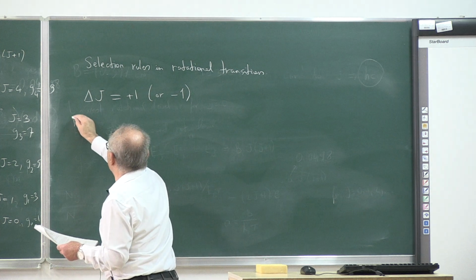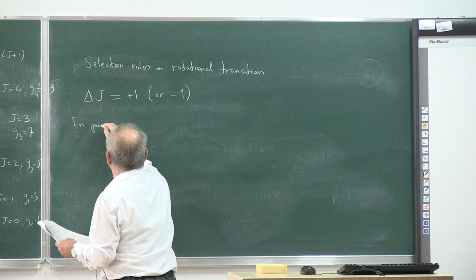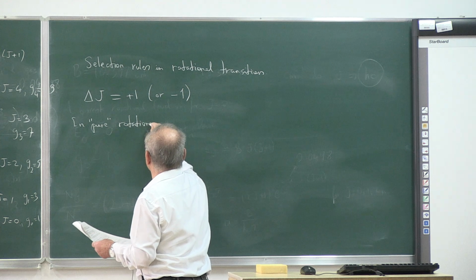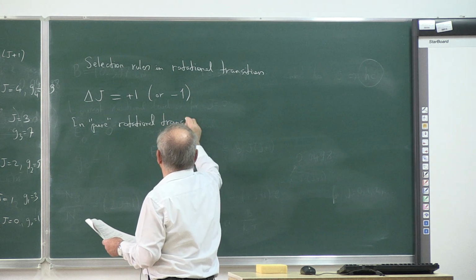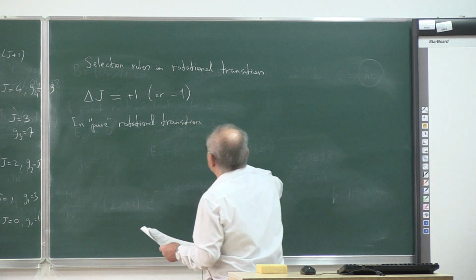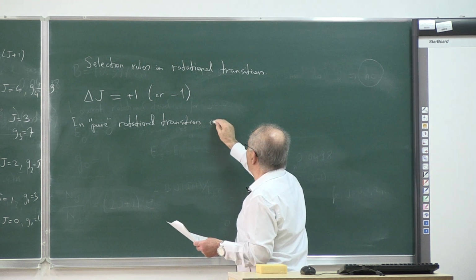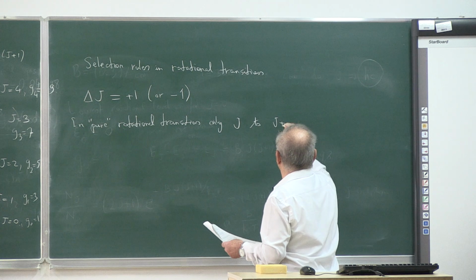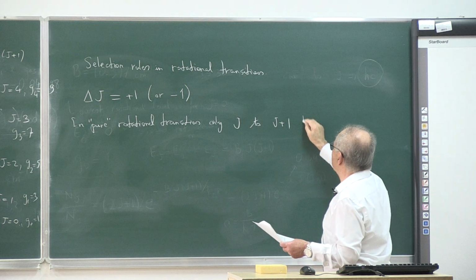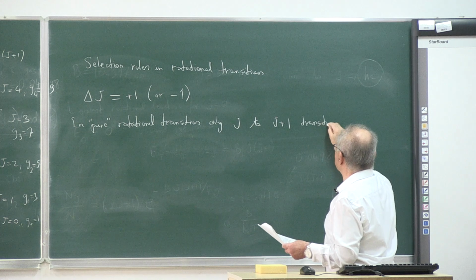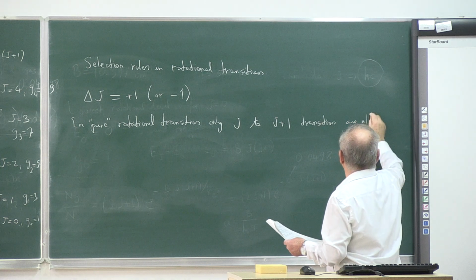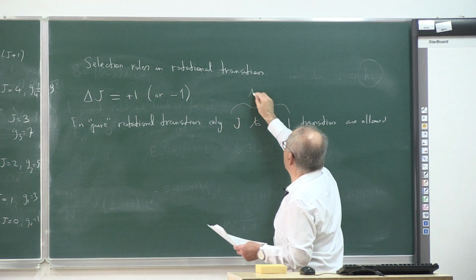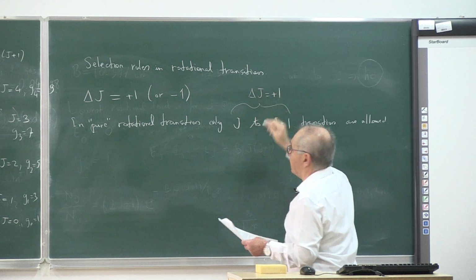So in pure rotational transitions, only J to J plus 1 transitions are allowed. Notice this means delta J is plus 1.